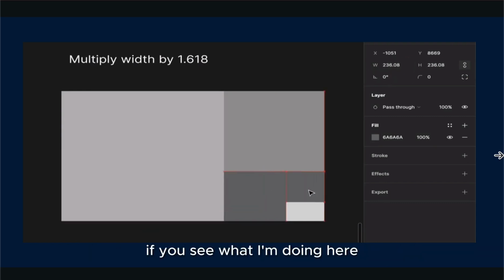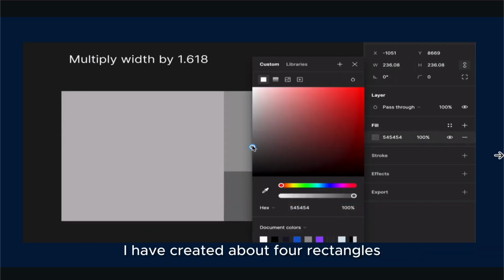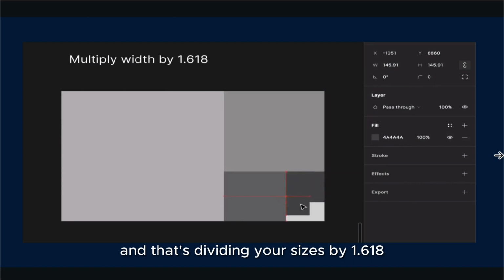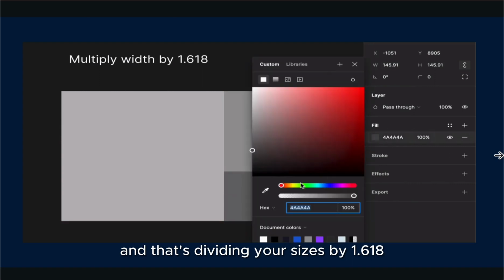1.618. If you see what I'm doing here, I have created about 4 rectangles. It has given me 4 different sizes. So you continue at that, dividing your sizes by 1.618.